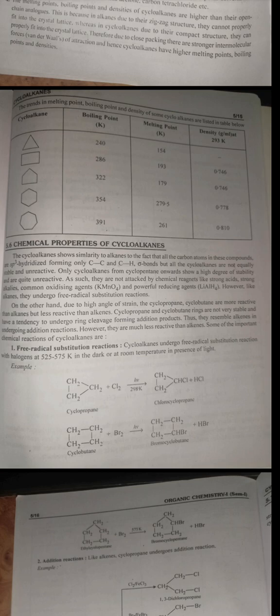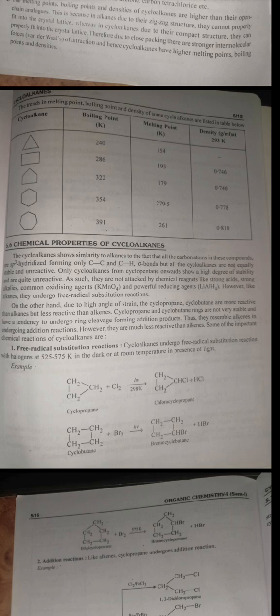On the other hand, due to high angle strain, cyclopropane and cyclobutane are more reactive than alkanes but less reactive than alkenes. Cyclopropane and cyclobutane rings are not very stable and have a tendency to undergo ring cleavage, forming addition products. Thus, they resemble alkenes in undergoing addition reaction. However, they are much less reactive than alkenes.